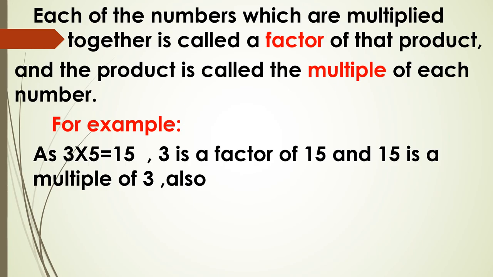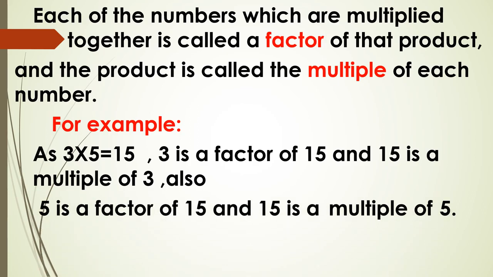See, 5 is also a factor of 15 because we are multiplying 5 here also. So 5 is a factor of 15 and 15 is a multiple of 5. Now is it clear? 3 and 5 both are the factors of 15, and 15 is a multiple of 3 and 5 both.